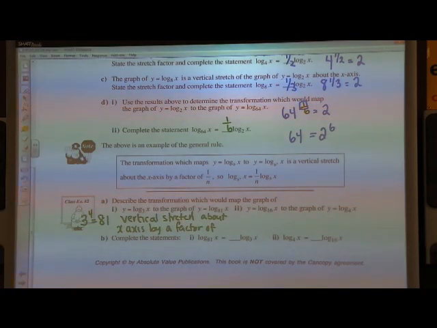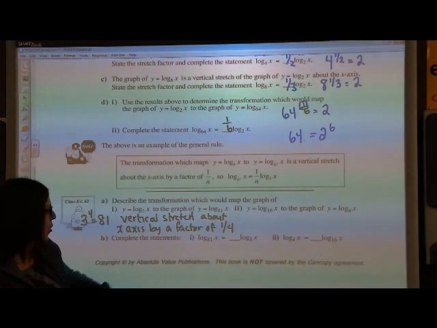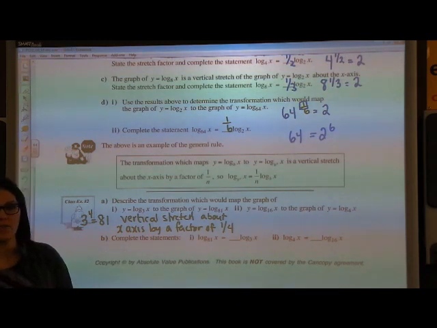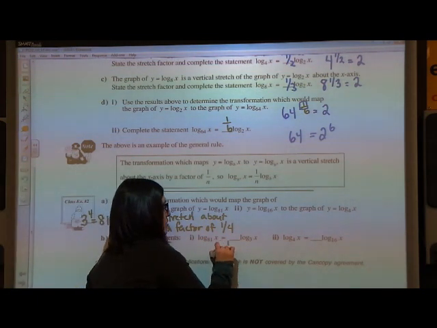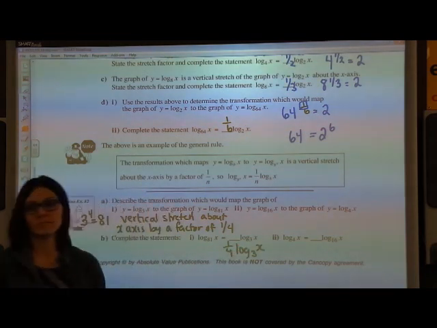Is it a stretch by a factor of 4 or a stretch by a factor of 1/4? 1/4. Which means log base 81 of x would be equal to 1/4 of log base 3 of x.